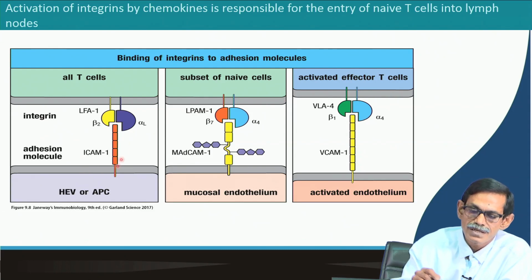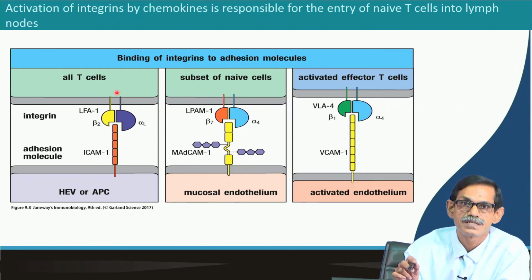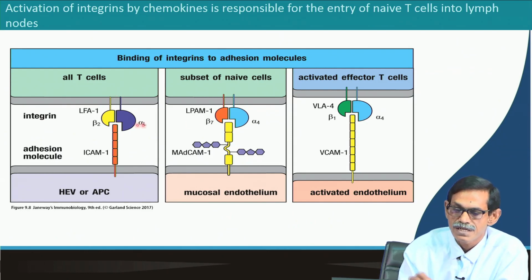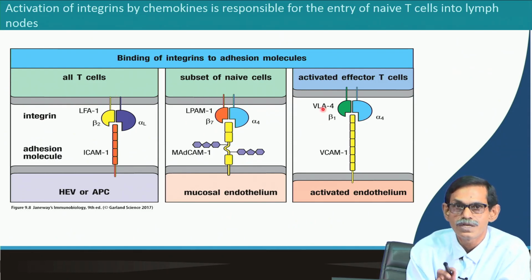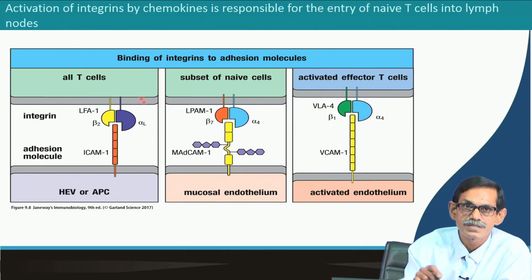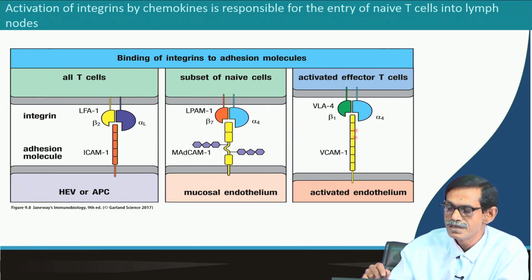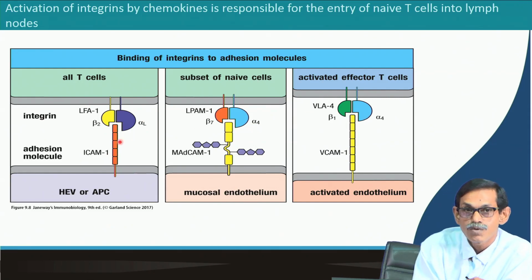So, this one is interacting with LFA. A variety of LFA is there, then LPAM, then VLA. In all of them you see two subunits, one is beta, another is alpha, beta alpha, beta alpha. So, this is a heterodimer, here the receptor is a heterodimer and the ligand is there. In this case, initially what was there?